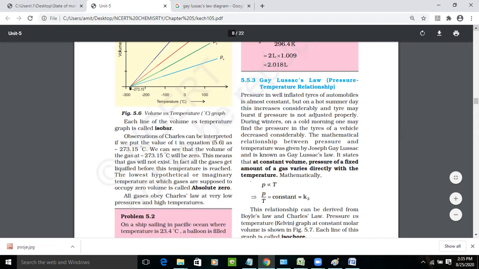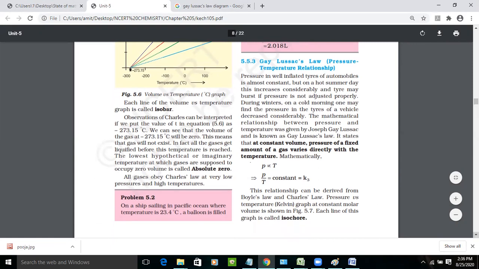Because of the lower temperature, even after the heat produced by friction when the tires move, the kinetic energy of the molecules is quite less compared to summer. So mathematically, he explained that pressure is directly proportional to temperature.